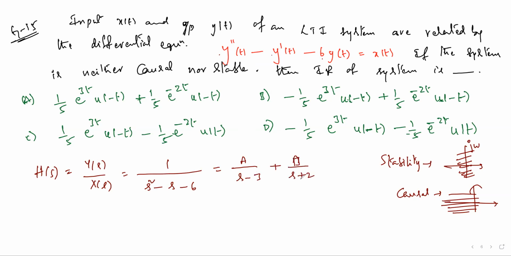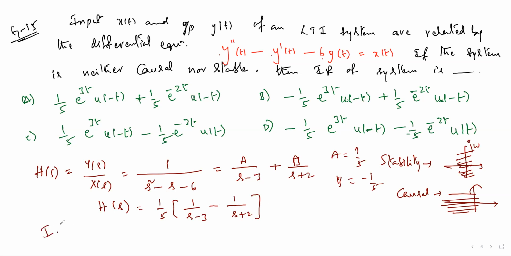So minus 3s plus 2s minus s, but then it will be 1 by 5, minus 1 by 5 you will get. So H of s is 1 by 5 times 1 by s minus 3 minus 1 by s plus 2.